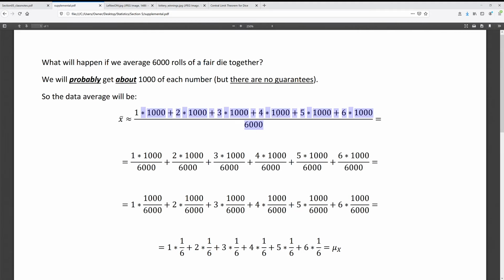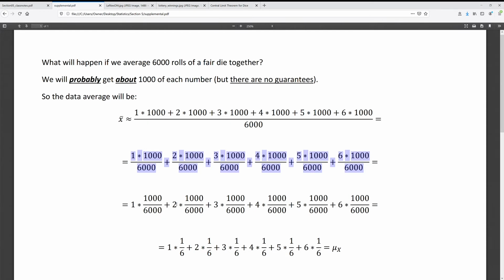So number one, let's break up the fraction. Thing plus thing plus thing plus thing all over 6,000 is the same as first over 6,000 plus second over 6,000, and so on. So I'll just physically break up the fraction. And then while I'm at it, because of the way that fractions multiply, I can pull the 1 off to the front, right? 1 over 1 times 1,000 over 6,000, for instance.